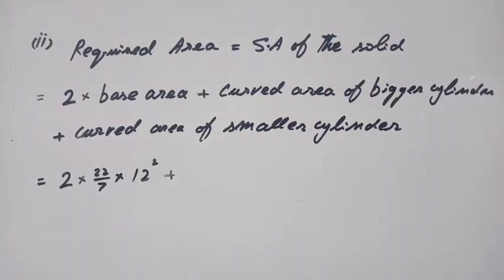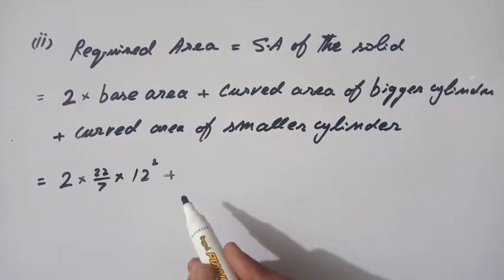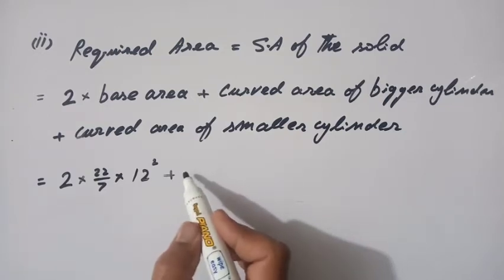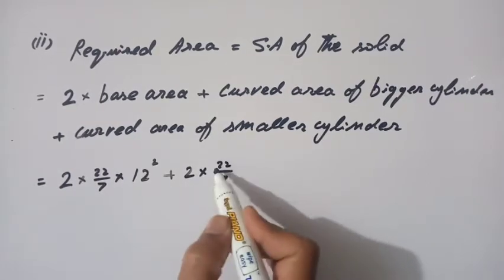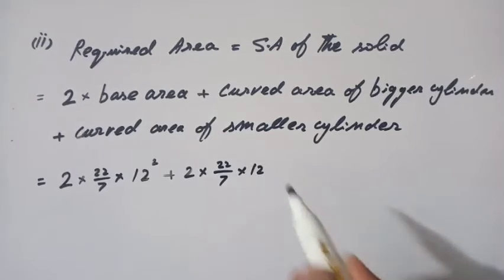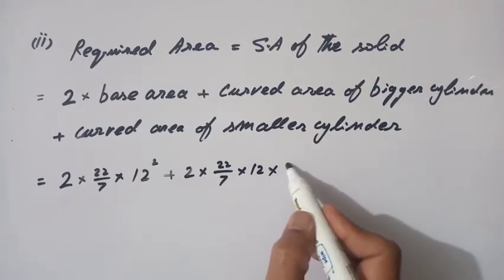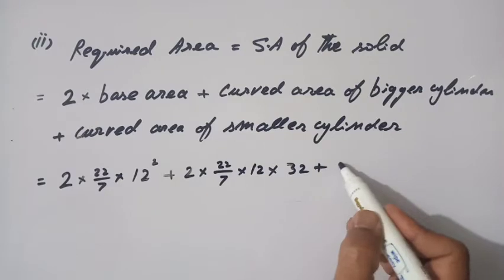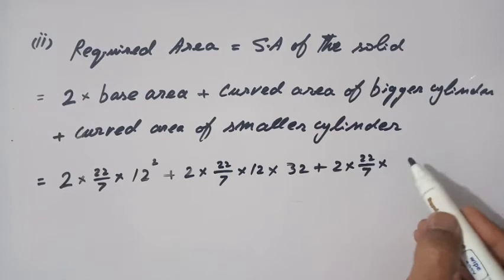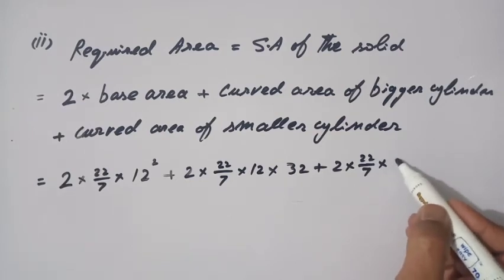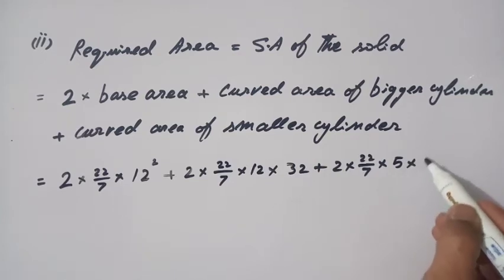So to find out the curved area of the bigger cylinder, the circumference of the bigger cylinder multiplied by height of the cylinder. So that would be 2 pi r multiplied by height of the cylinder, that is 32, plus 2 pi r of the smaller cylinder, that would be 5, multiplied by its height, which is 14.